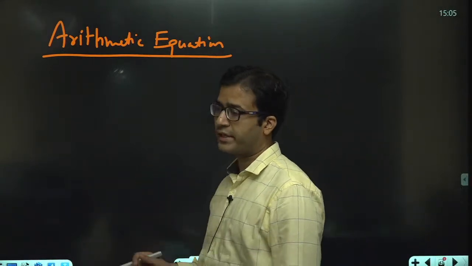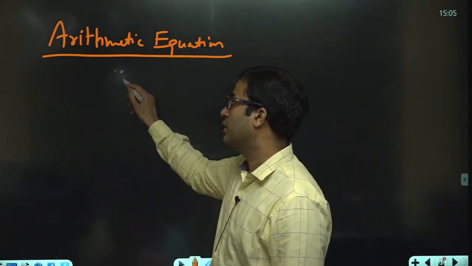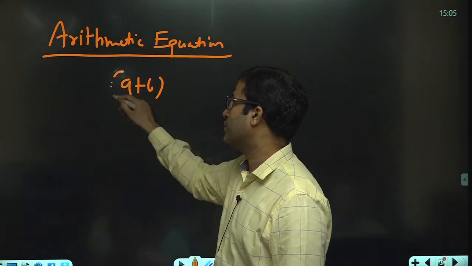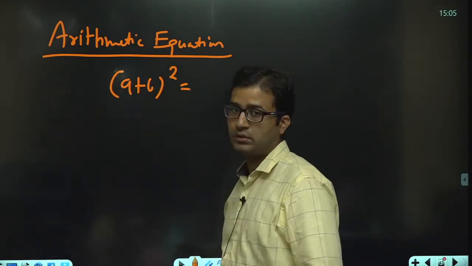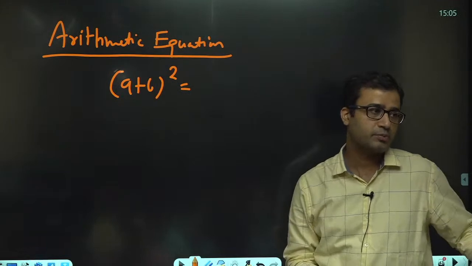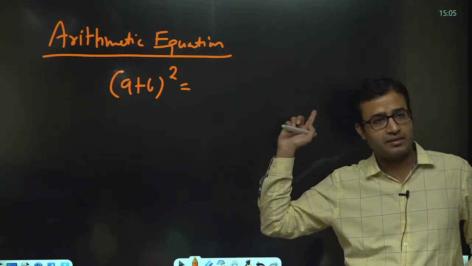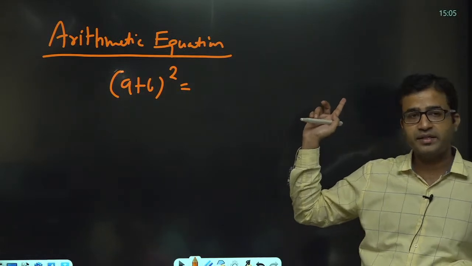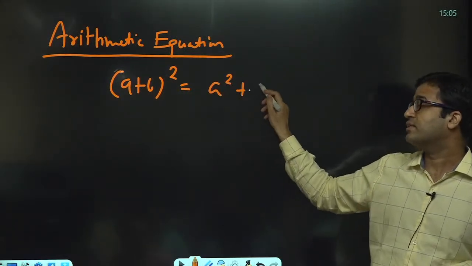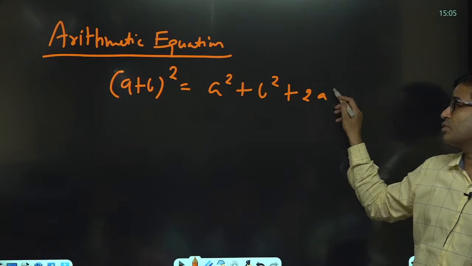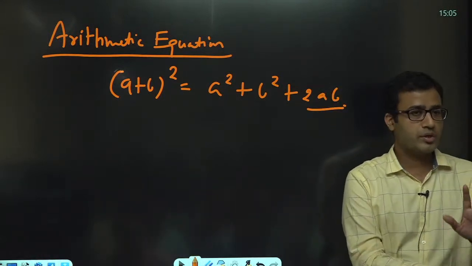अच्छा, in arithmetic equation 6th standard, here might be (a plus b) whole square, a square plus b square, 2ab extra मिल रहा है कि नहीं मिल रहा? मिल रहा है ना? इंडिया कनाडा, a square plus b square plus 2ab extra है यहाँ पे.